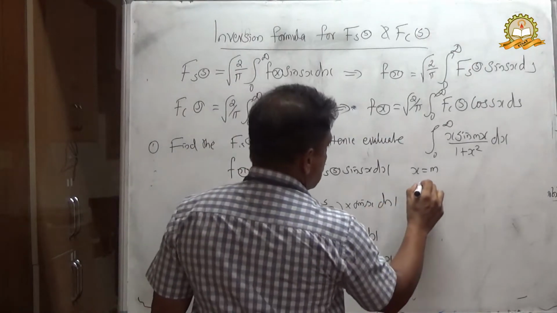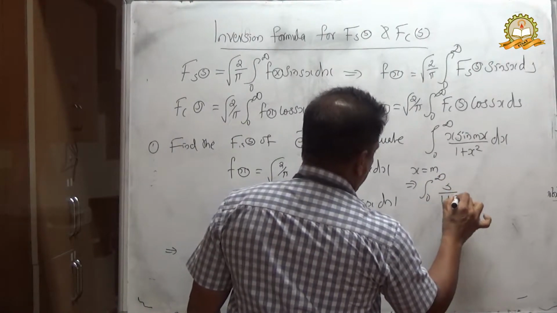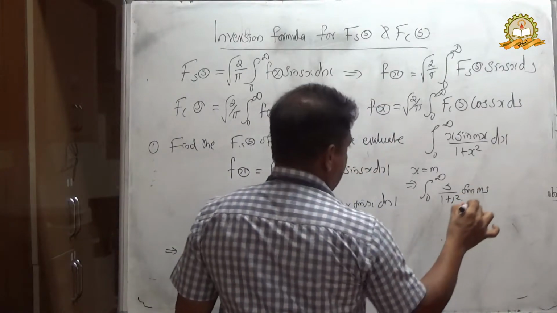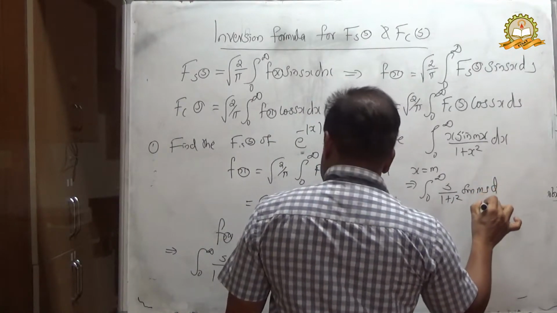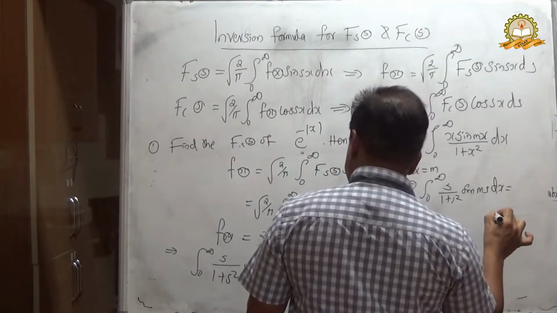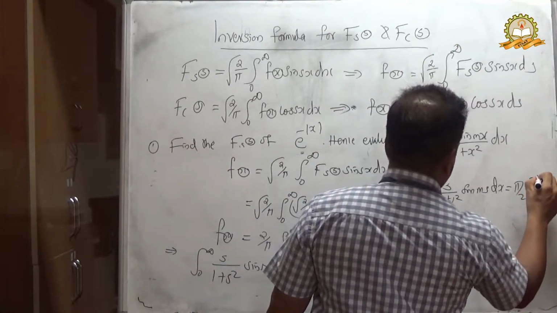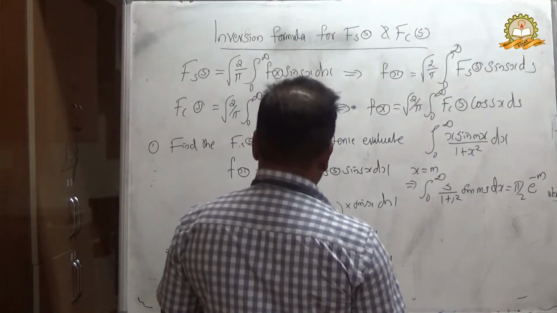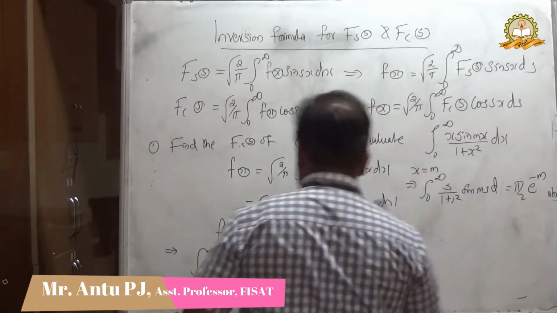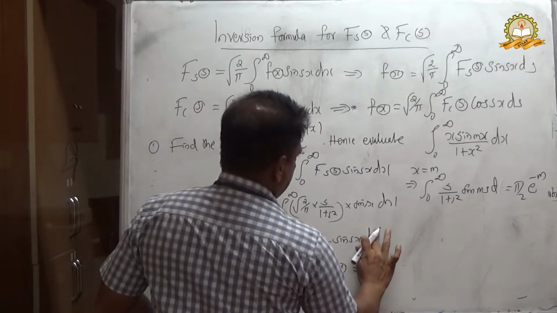Then we get integral 0 to infinity s by 1 plus s square sin ms ds is equal to pi by 2 into e raised to minus m.